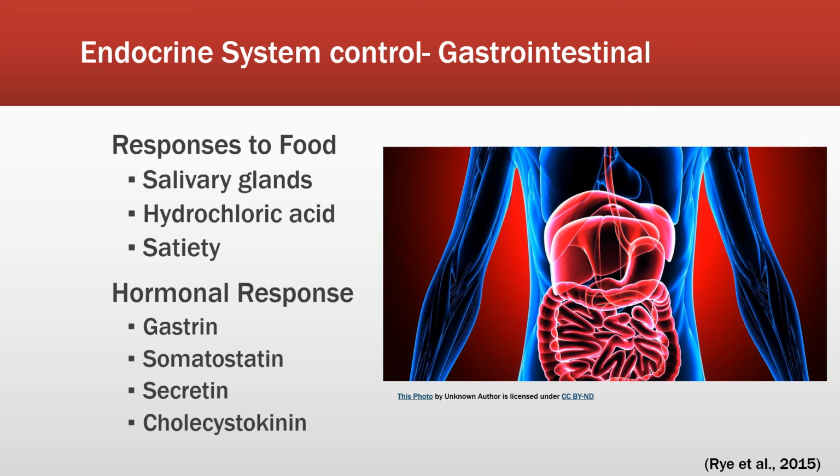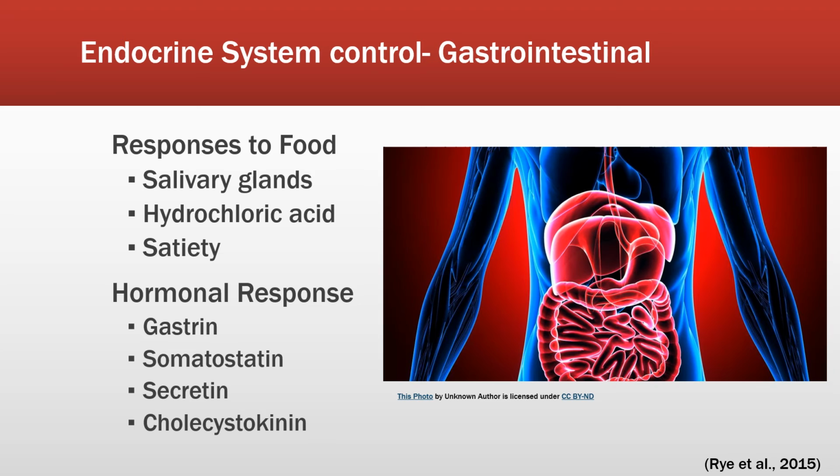In the hormone responses that occur during the gastric phase of digestion, the hormone gastrin is secreted by G cells in the stomach when there is a presence of proteins. When the stomach is empty, somatostatin is used to stop the release of hydrochloric acid.